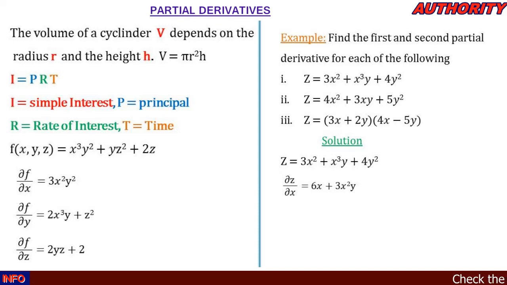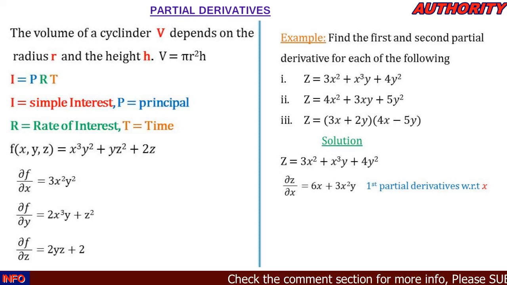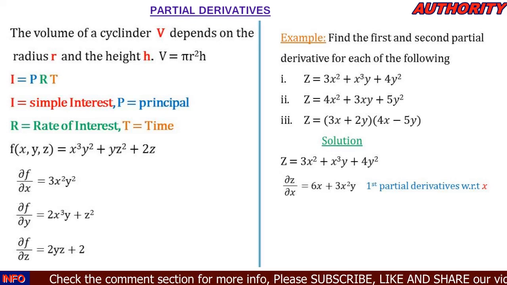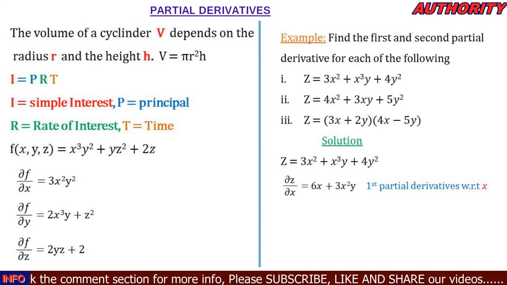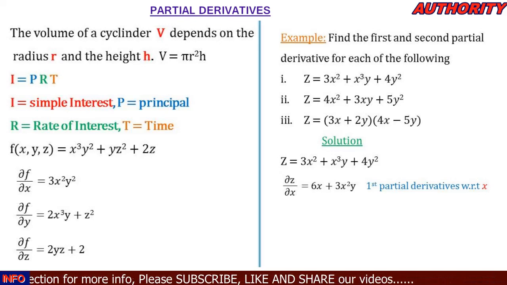Now, the question says, find the first and the second derivatives. Now, here we have found the first derivative of this function. We are also going to find the second derivative of this function we have just differentiated with respect to x, and then again, the second derivative of this same function with respect to y. You know, we have differentiated this function.